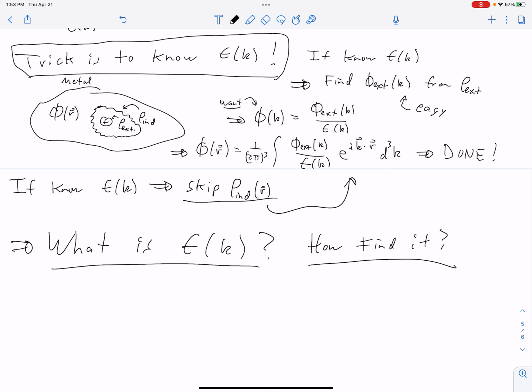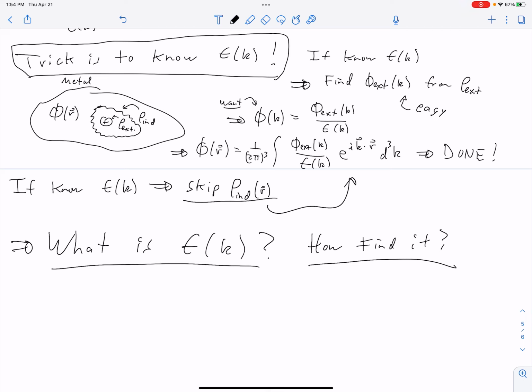Okay, well, it's tricky. Understand that the dielectric functions can be very complicated for different materials, and it's a big part of solid state physics, trying to figure out the dielectric function, because it's very related to many things that we measure. And so there's a lot of information buried in the dielectric function.